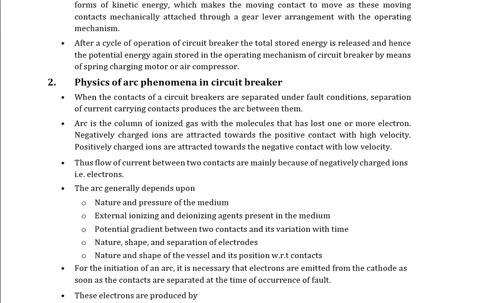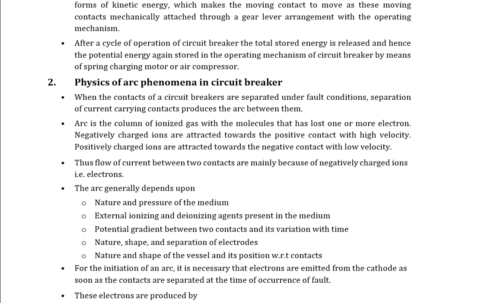Third parameter is the potential gradient between two contacts and its variation with time. Fourth is the nature, shape and separation of electrodes. Then last but not least, the nature and shape of the vessel and its position with respect to the contacts.